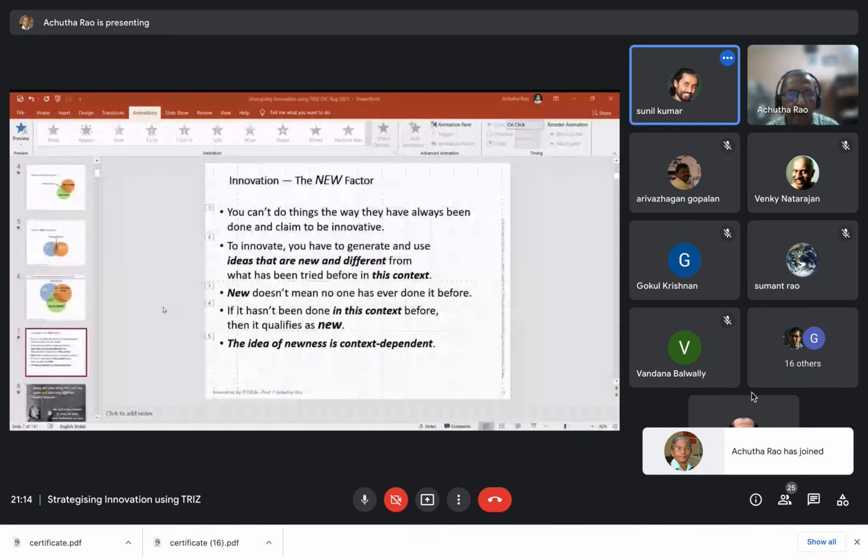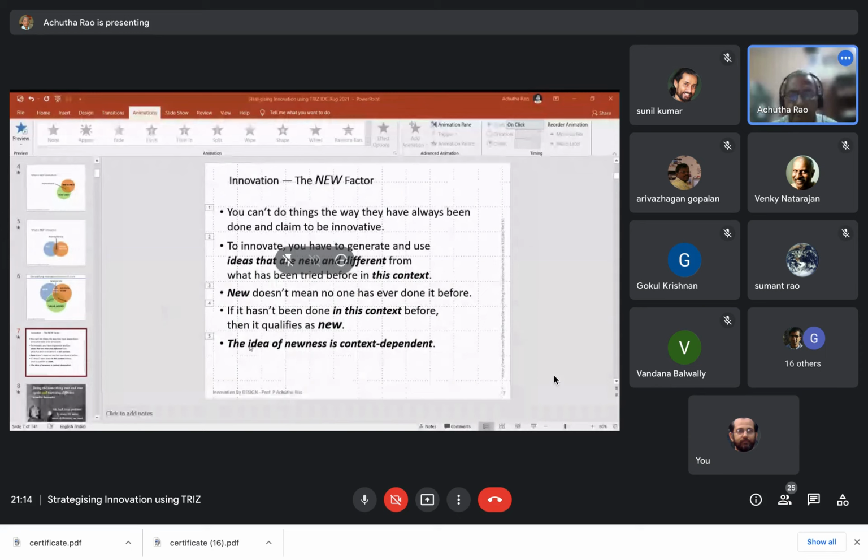Sometimes presenting the PowerPoint itself as a window will freeze.